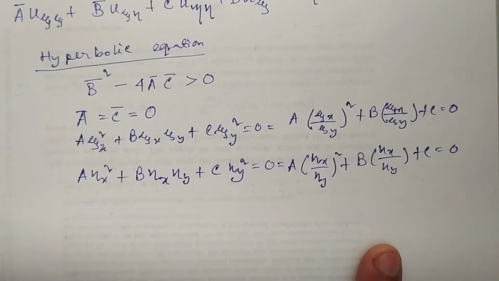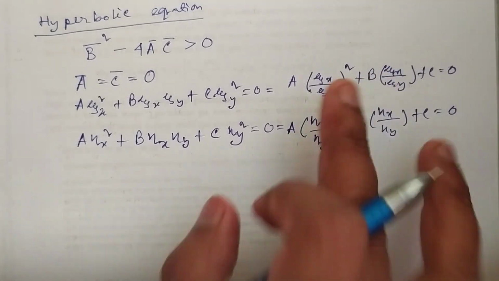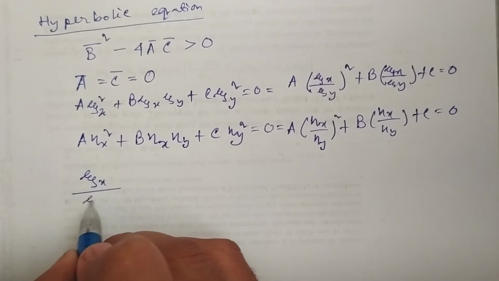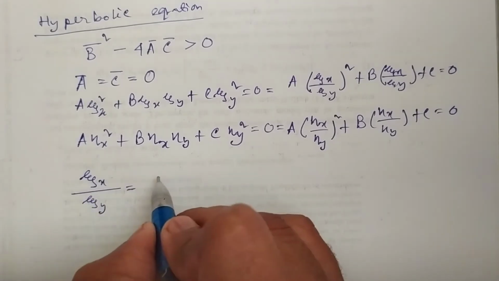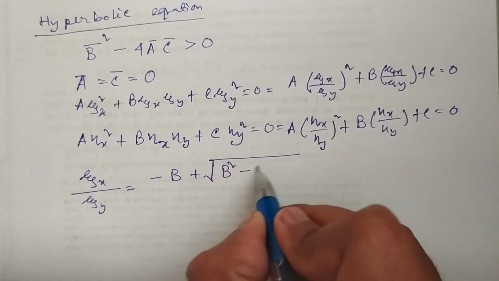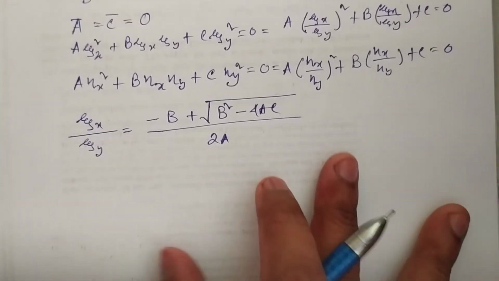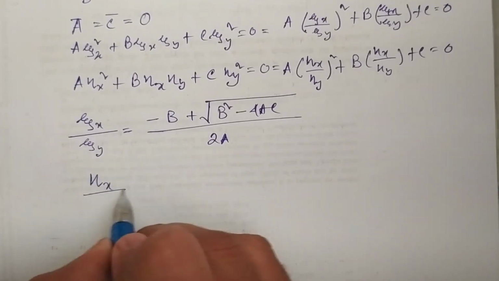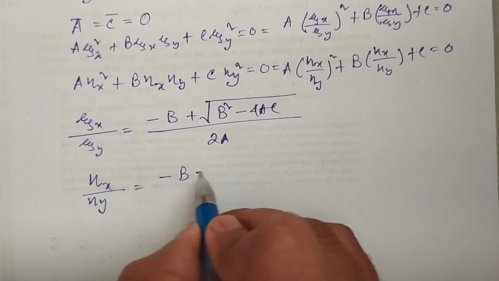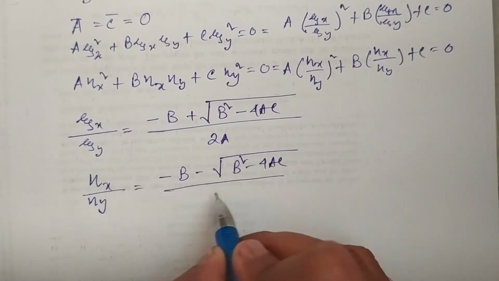Now we can solve these two equations, and we can write xi_x by xi_y is equal to minus b plus square root of b squared minus 4ac over 2a, and similarly eta_x over eta_y is equal to minus b minus square root of b squared minus 4ac over 2a.